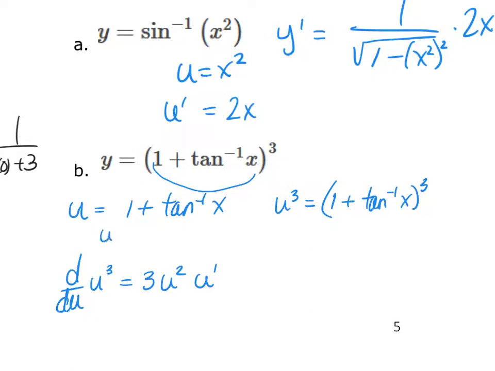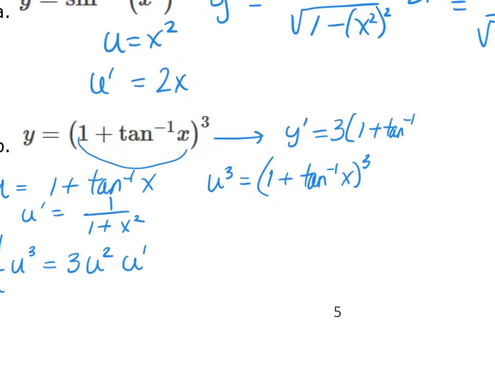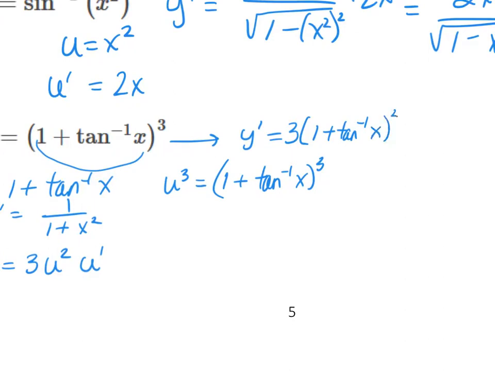0. So u prime is equal to, and I go and look at my formulas, what is the formula for the tangent inverse derivative? 1 over 1 plus x squared. So with that information, y prime is equal to 3 multiplied by 1 plus the tangent inverse of x, squared, times the derivative we just found, which is 1 over 1 plus x squared.